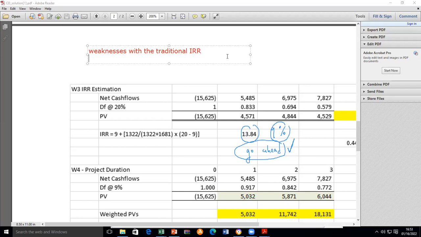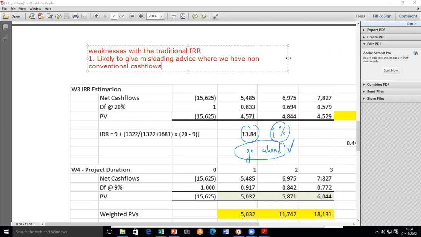Number one, the traditional internal rate of return is likely to give misleading results or advice where we have non-conventional cash flows.